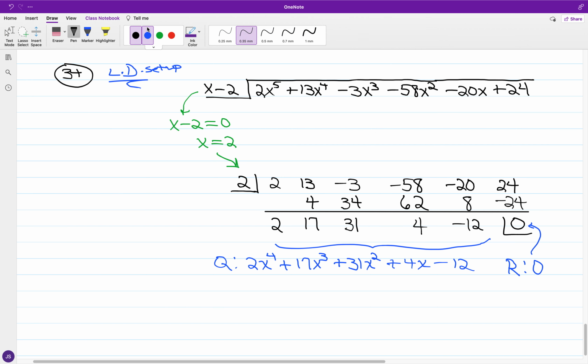Alright, and tell you what, just for the next few moments, say by synthetic division, see what we get for the quotient and remainder.